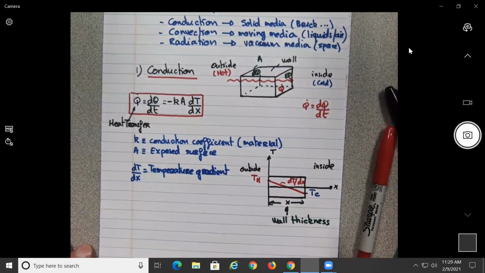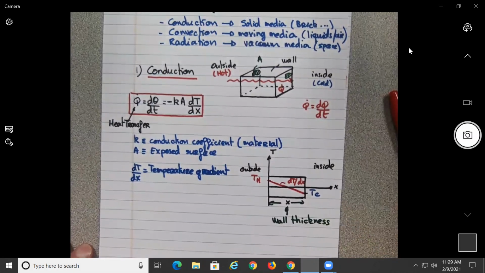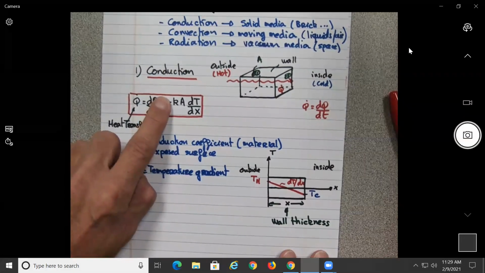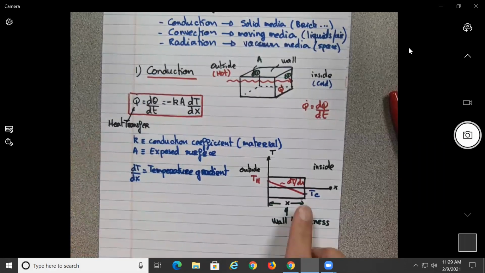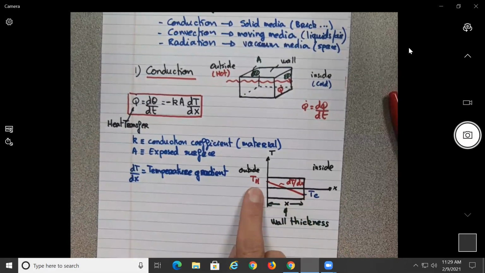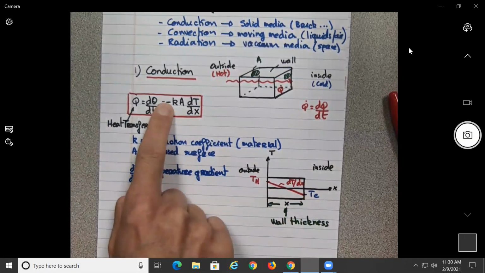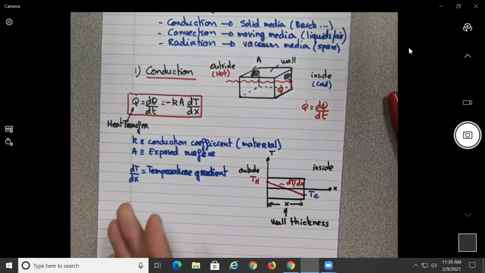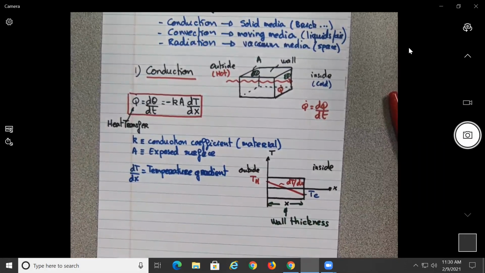But again, personally, what I do most of the time is forget about the sign, okay? If you go from hot to cold, and if you do the slope, instead of doing Tc minus Th, you do Th minus Tc divided by dx, it would be positive, no? So now you can leave this equation as positive. Okay, but again, this is the real definition.